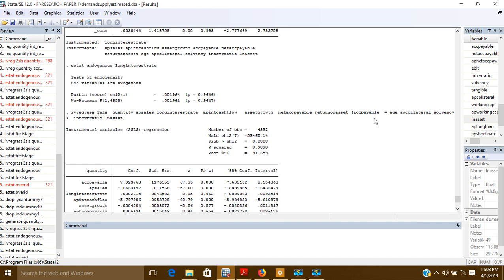That is, we will use again the estat command, estat first stage.